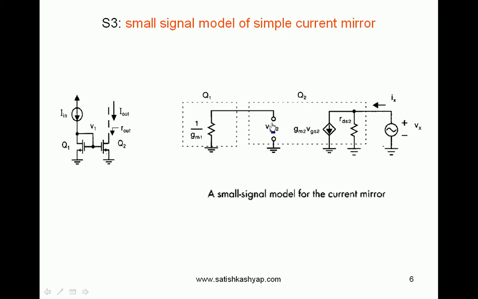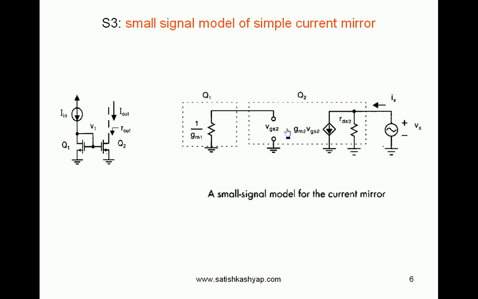Since it is open circuit, no current flows through this 1 by GM1. As no current is flowing through it, VGS2 is nothing but 0 into 1 by GM1, that is, VGS2 will become 0.